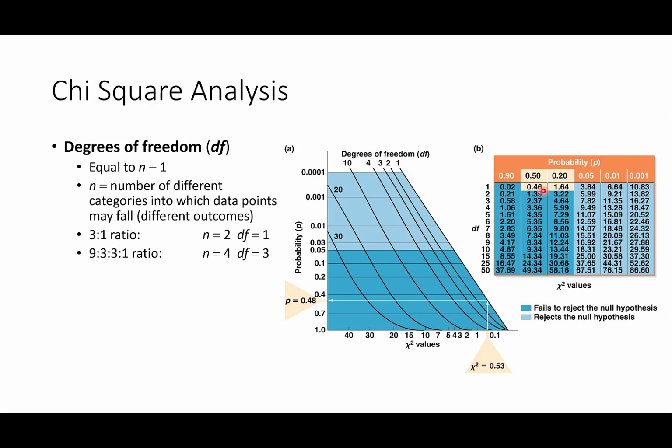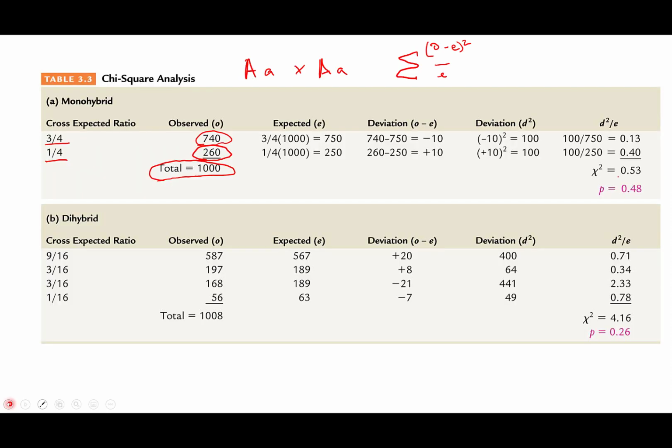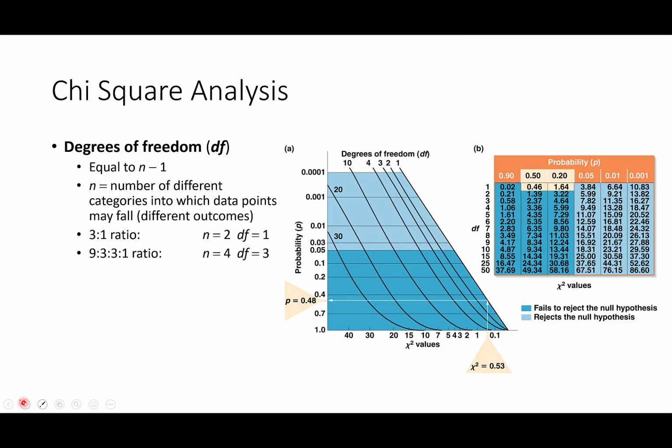You would then calculate your chi-square, and if your calculated chi-square value is less than the critical value, then you fail to reject. It looks like our observed actually do correspond with expected. There's no random something going on. These traits appear to be behaving in a Mendelian fashion.